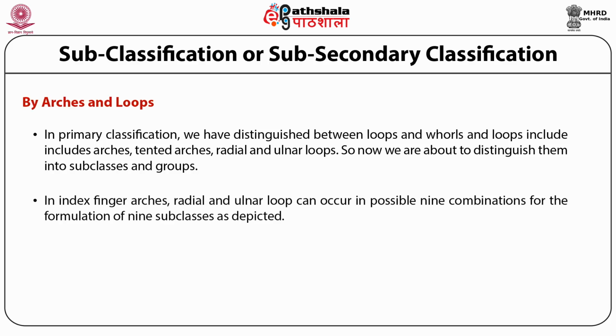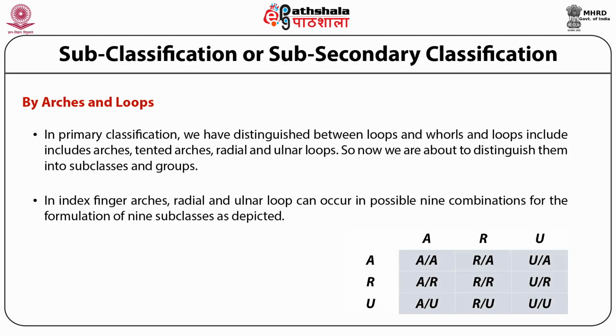In index finger, arches, radial and ulnar loop can occur in possible 9 combinations. For the formulation of 9 subclasses, the diagram is depicting all the possible 9 combinations of subclasses in index finger.